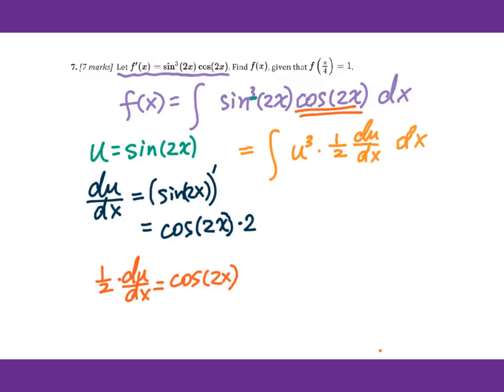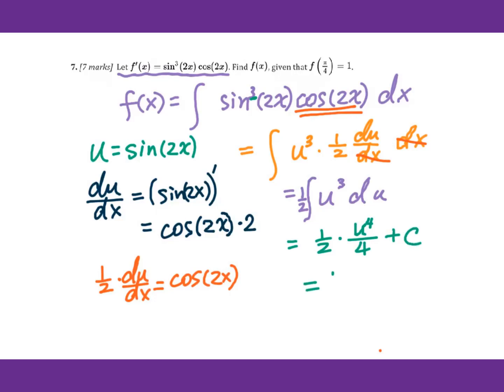Then you have dx, so reduce. You will get u to the third power, and the 1/2 I take outside, then du. So you get 1/2 times u to the fourth power over 4 plus c, which means u to the fourth power over 8 plus c.